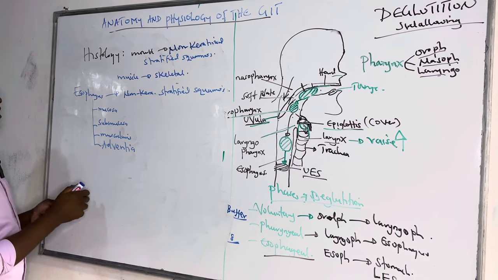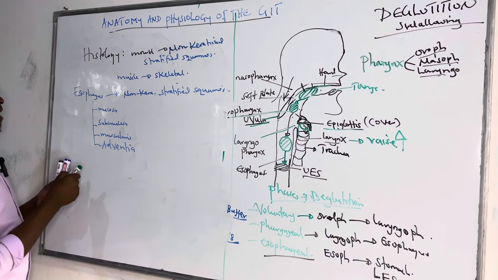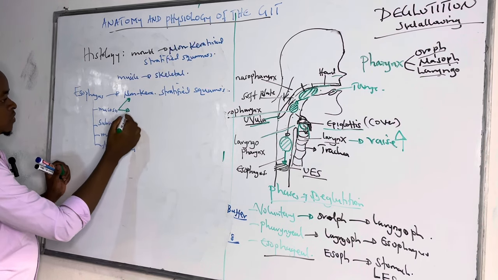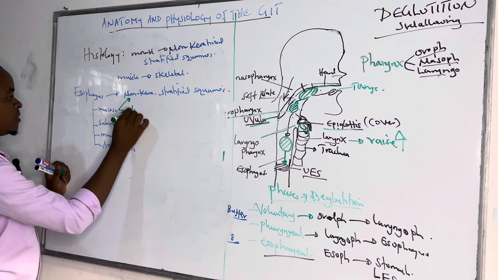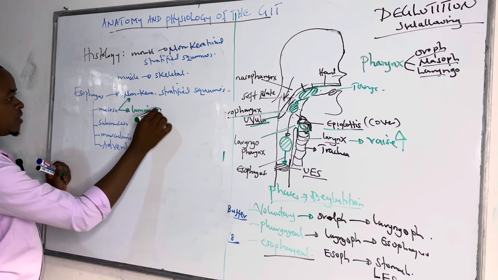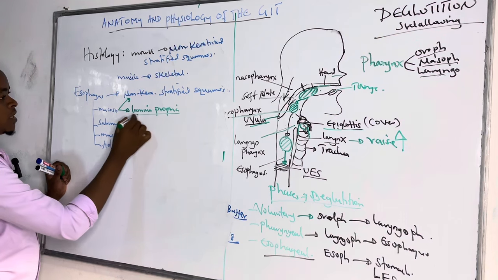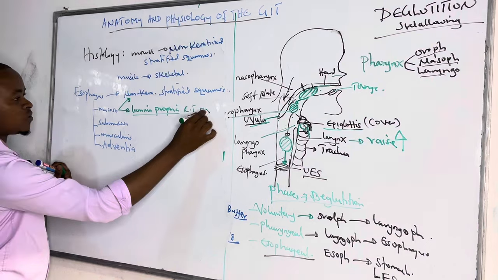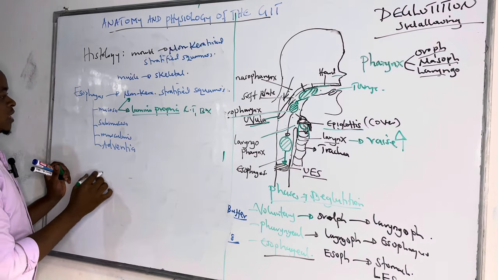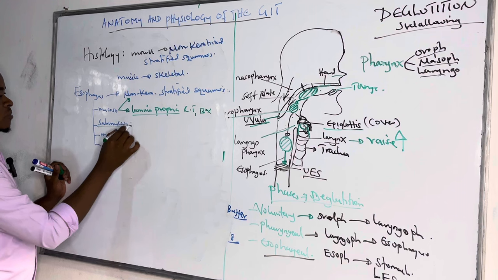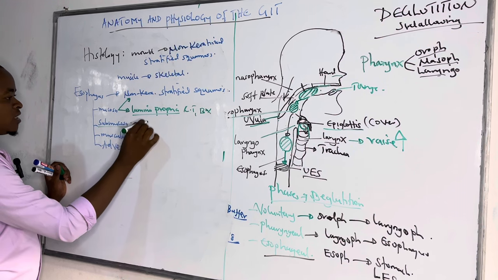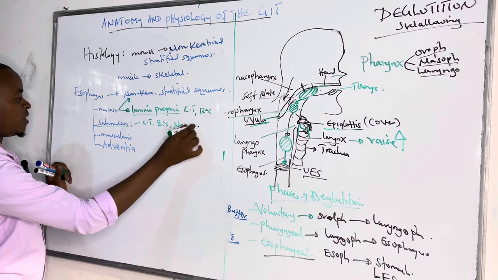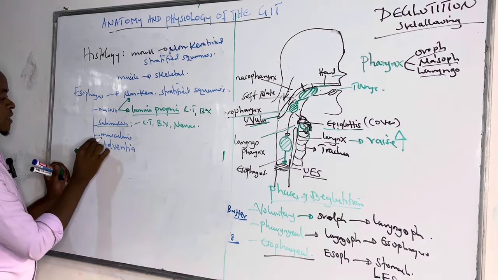So this is the histology of the esophagus, whereby the mucosa layer has this epithelium, and it also has the lamina propria. This lamina propria contains the connective tissue, areolar tissue, and the blood vessels. Then we have the submucosa, where the connective tissue, blood vessels, and nerves are supplied. Then the muscularis.